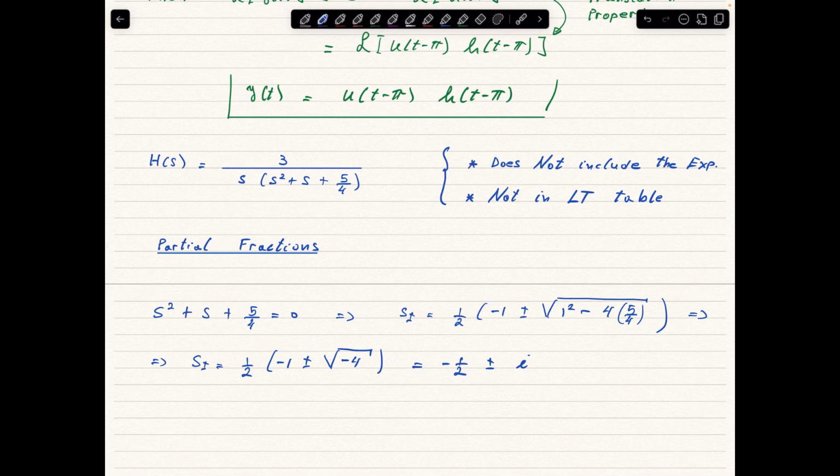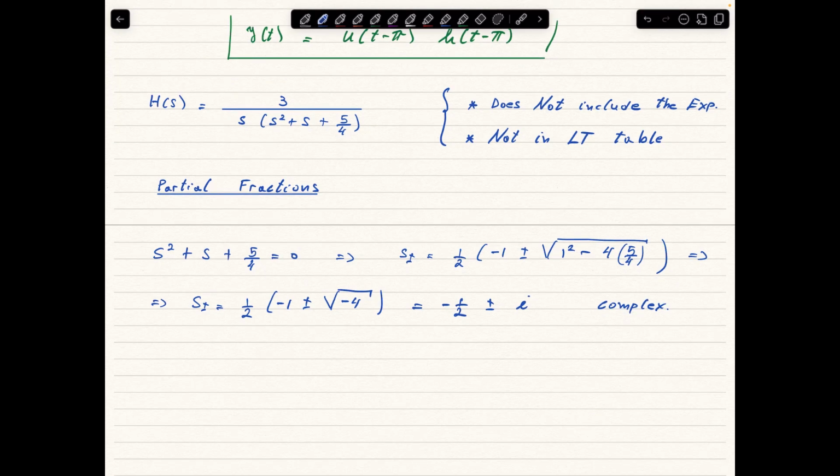It's not important exactly what the roots are. The important thing is they are complex. So in those cases, when we have complex roots, what we do is complete the square in this factor, but we are going to do it later.